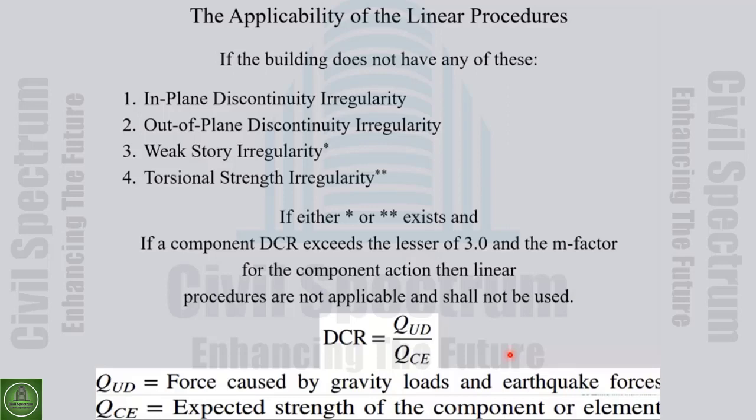For example, we find that in this beam, the DCR for bending is 3, which means that the demand is 3 times the capacity. The capacity for the deformation control parameters will be calculated by using an expected value for the material properties.